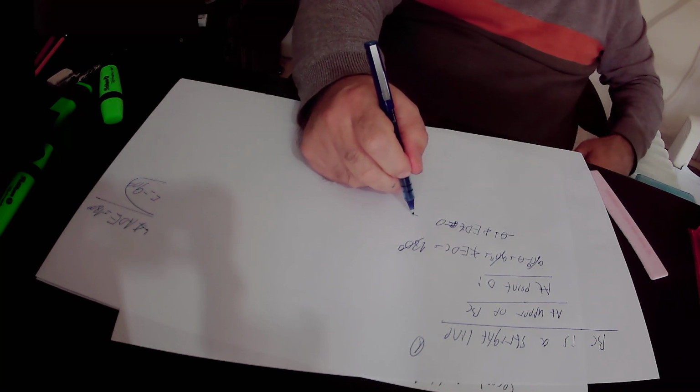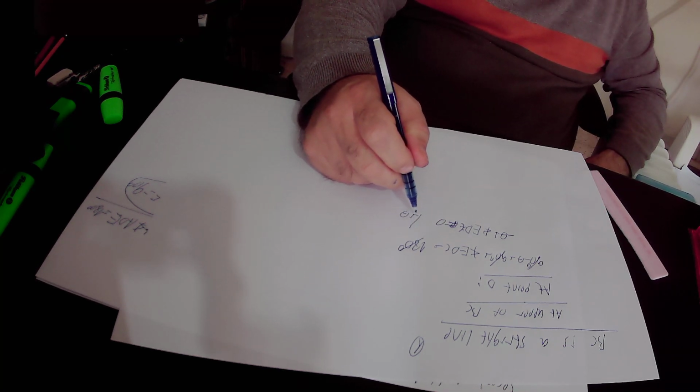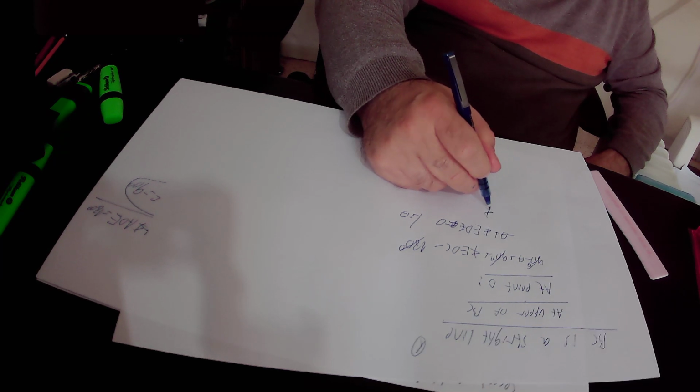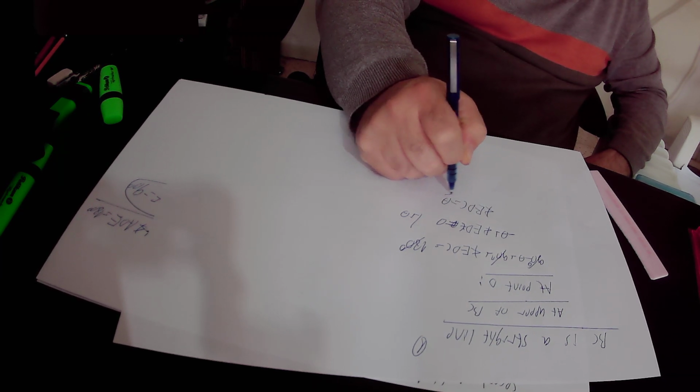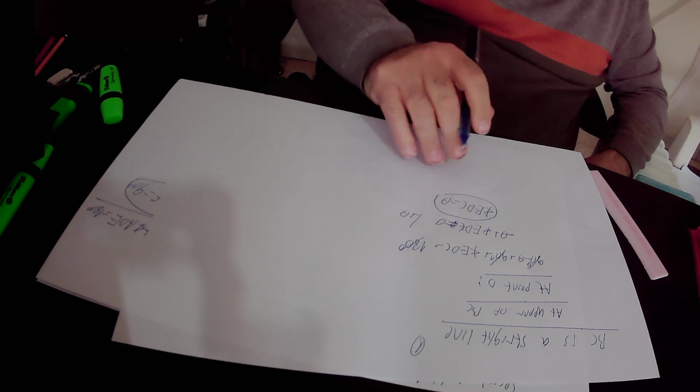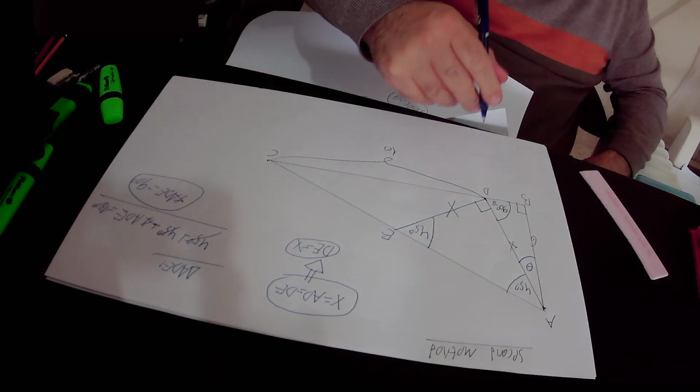Here we will add theta to this equation, and we will get that the missing angle EDC is equal to theta. So the missing angle EDC equals theta.